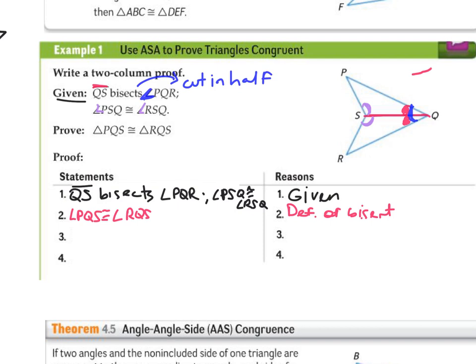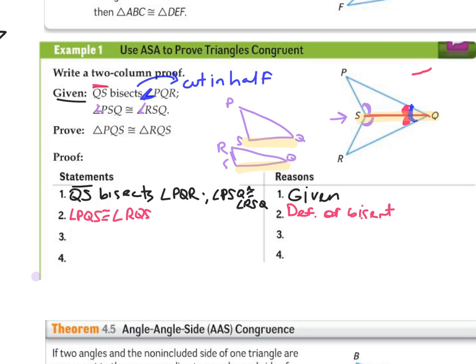Next thing I want to look at, I have QS. So this segment right here, QS. If I was to take apart these triangles, PSQ and RSQ, we'll notice that they both have SQ, which is right here, QS. This is a shared side.